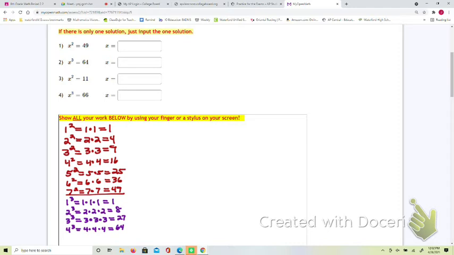Okay. Now, the rest of it isn't as much. So we're going to go to the first problem, and the first problem is x squared equals 49. We want to find out what x equals. How do we undo a squared? Does anybody remember?